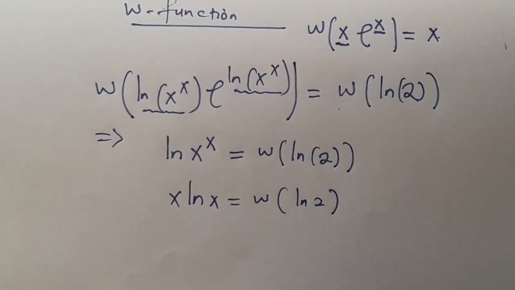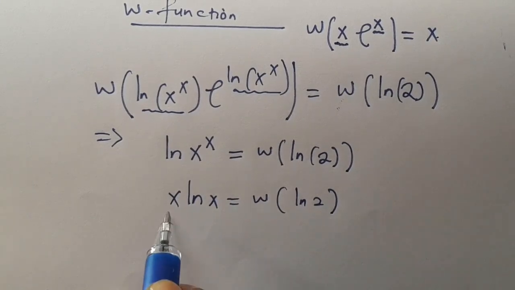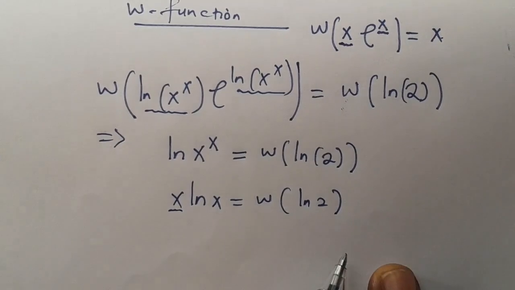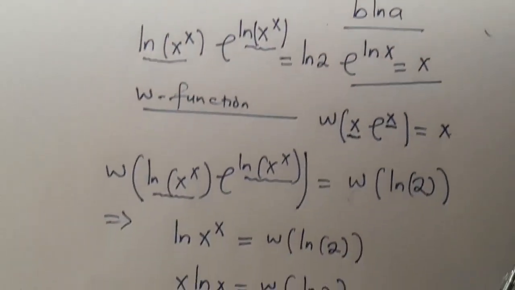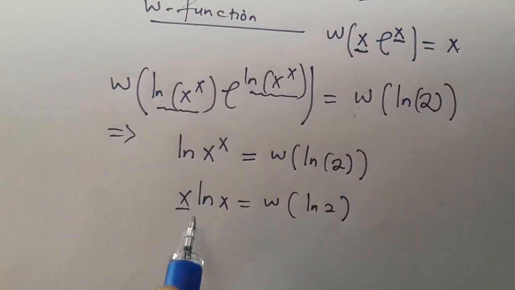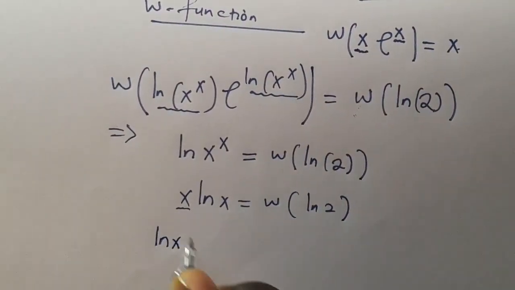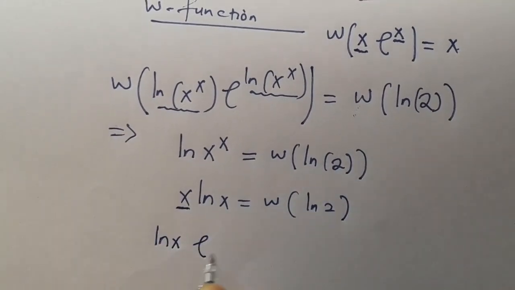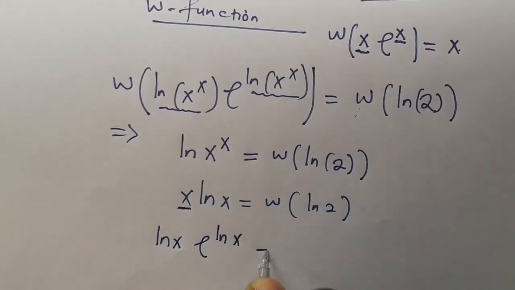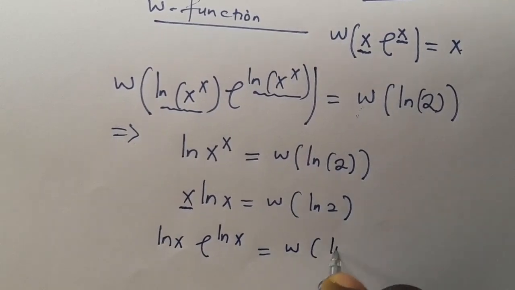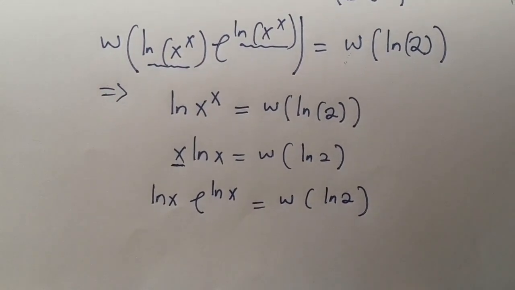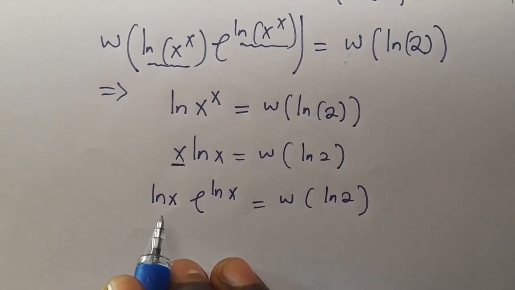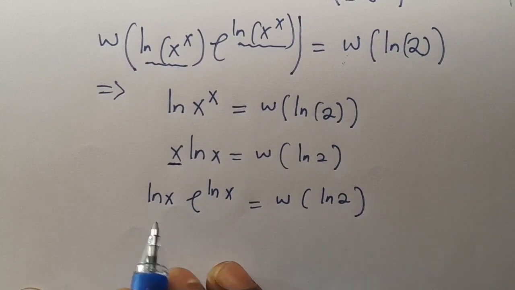And so therefore, guys, from here we can also introduce the exponential expression. That is, when you have ln x, by introducing this one, it will be x ln x e raised to power ln x equals W of ln 2. So therefore, guys, again we have to introduce the W function again.